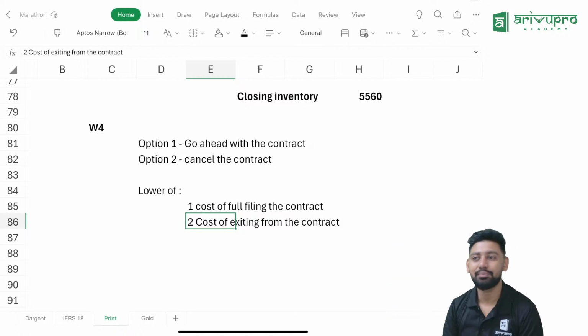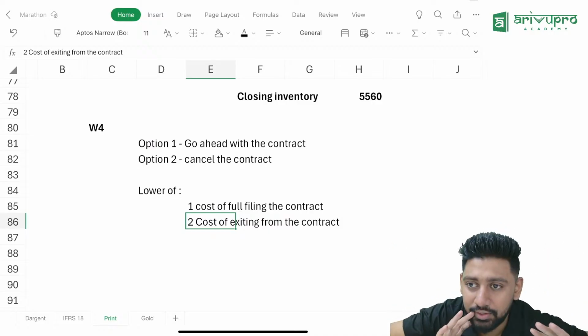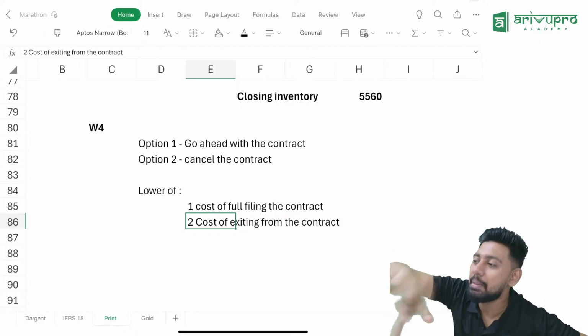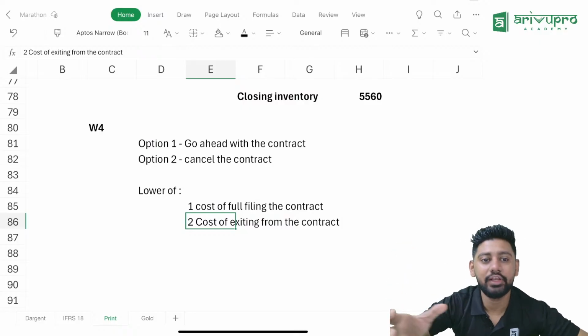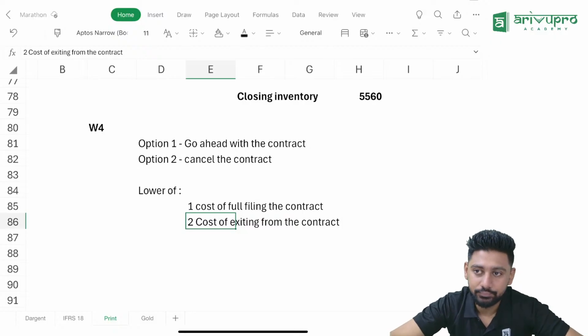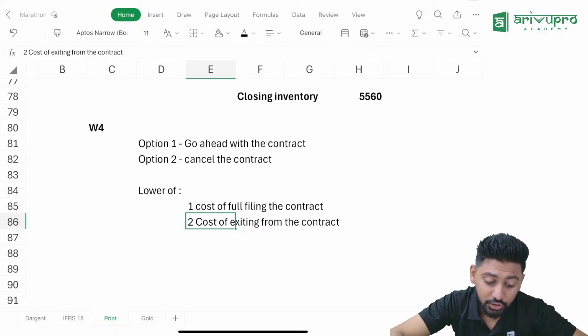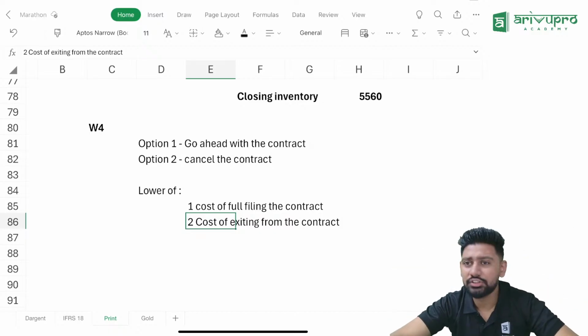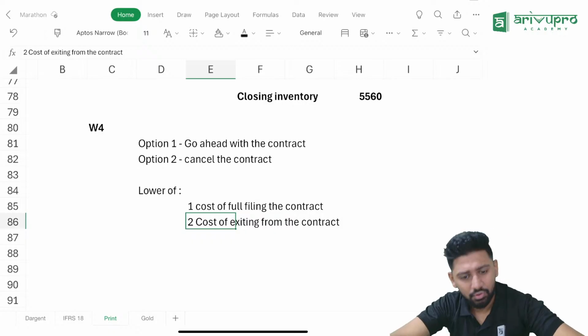For that you're going to recognize a provision. Anyway, you're going to probably make a loss, but the lesser loss, the lesser impact, is favorable for you, correct? So that's what you're going to take. Are we clear? Understood? Yes or no? So in other words, we are going to look at the cost and at the benefit. Okay, let's do that.